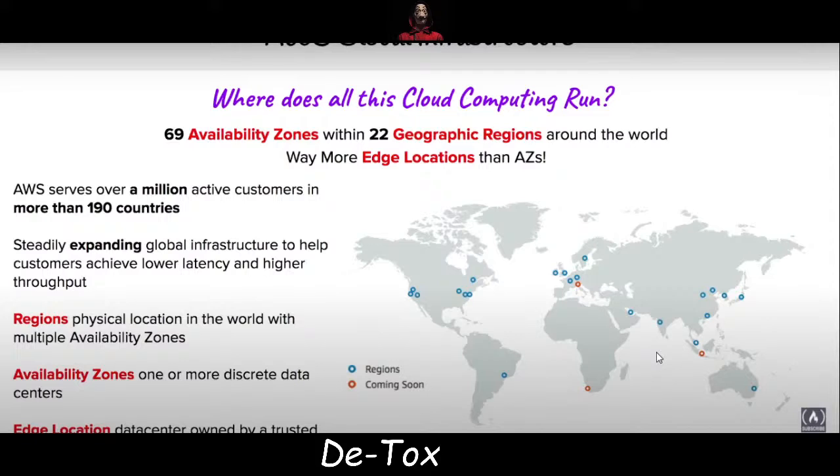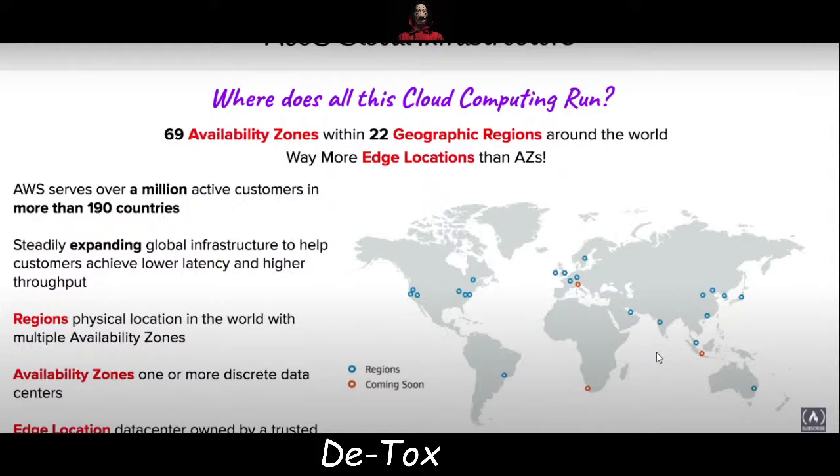Regions are physical locations in the world with multiple availability zones. So there might be regions like South America, India, or Africa. In those particular regions, there will be availability zones, and availability zones are one or more discrete data centers.